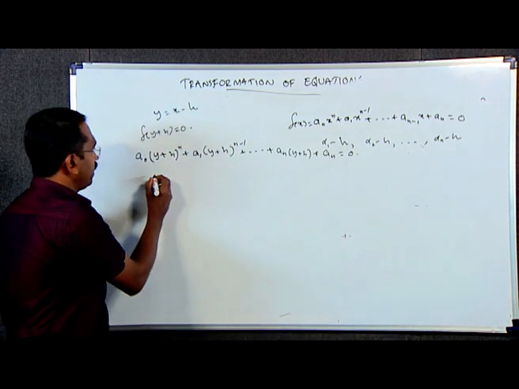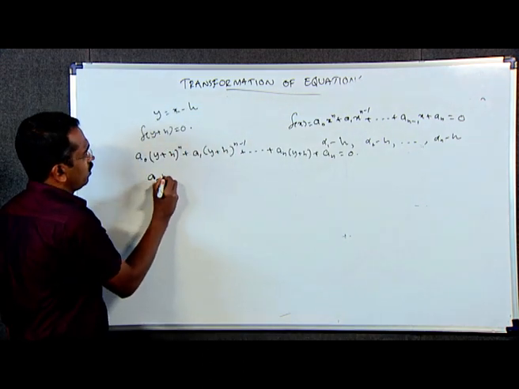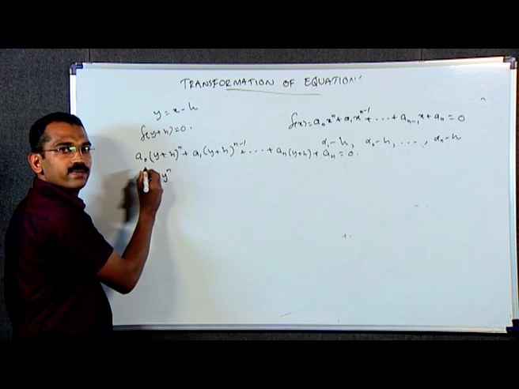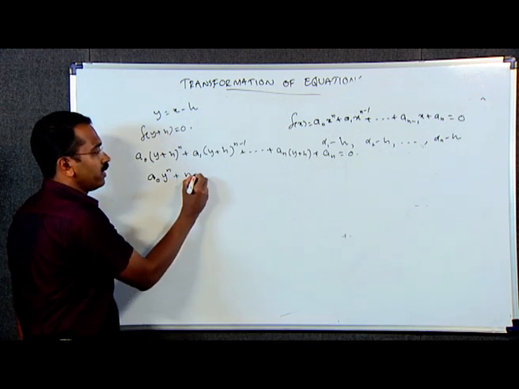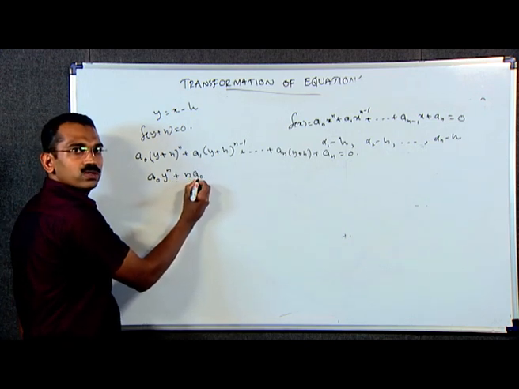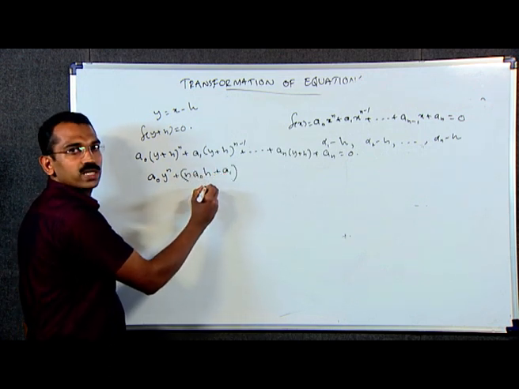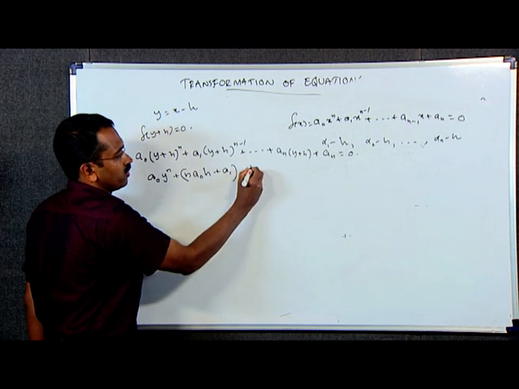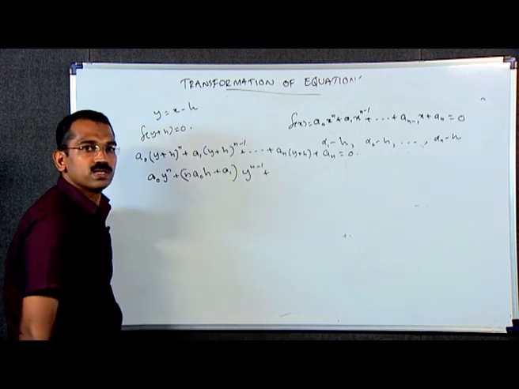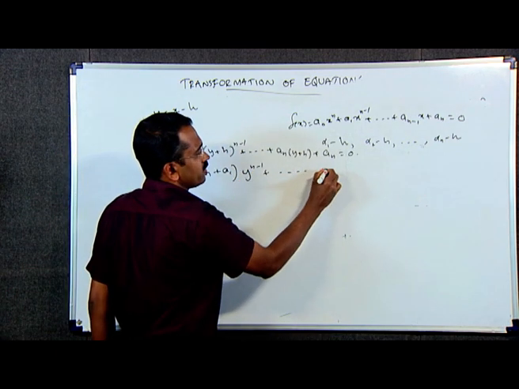That is a naught y raised to n plus n into a naught into h plus a 1 into y raised to n minus 1 plus etc. is equal to 0.